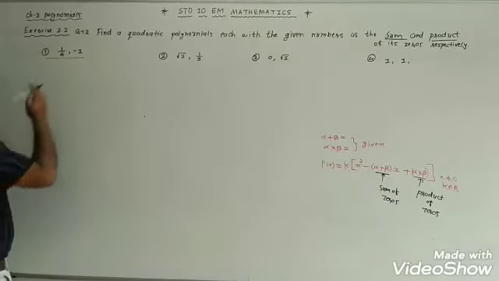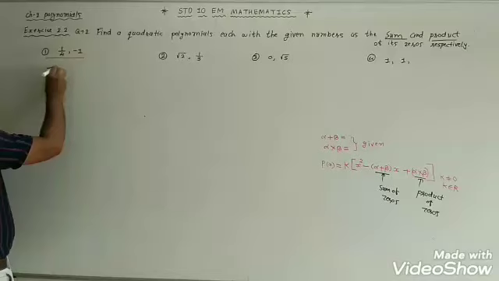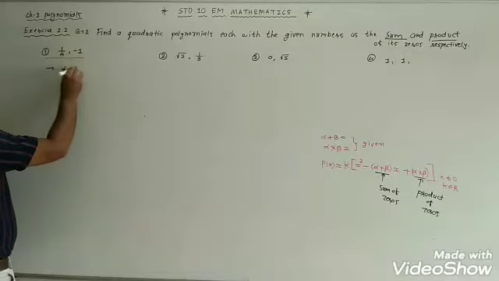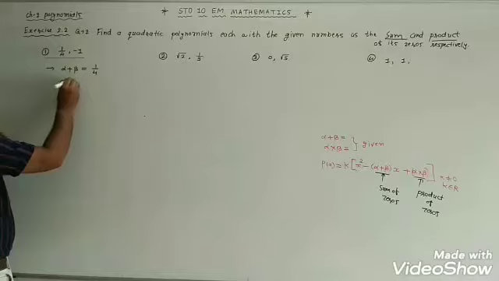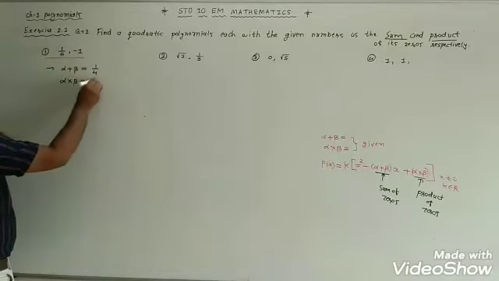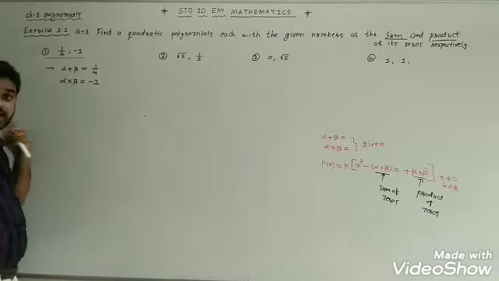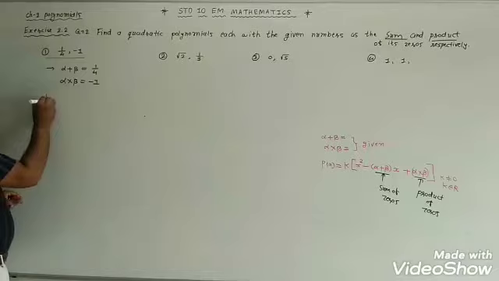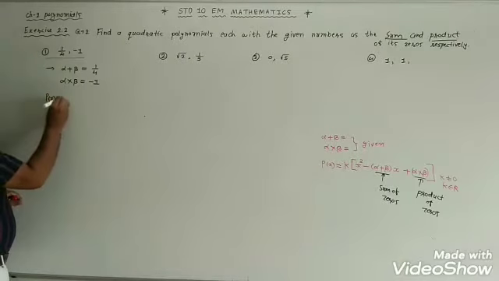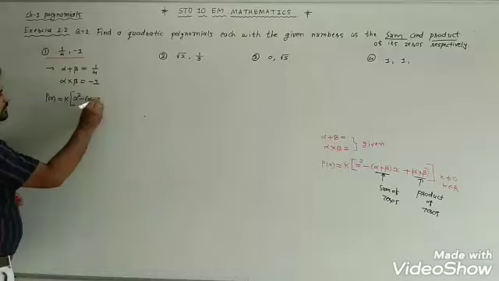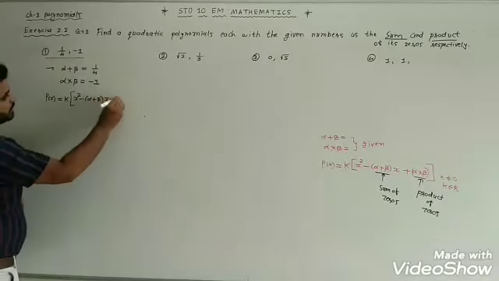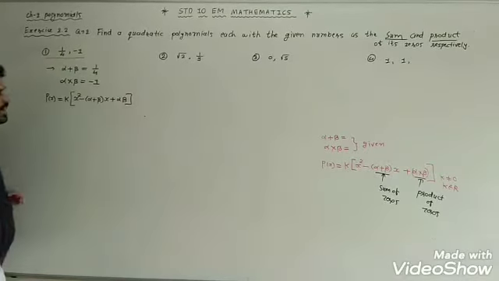As we said, the sum of zeros, alpha plus beta, is given as 1 by 4, and the product of zeros, alpha into beta, is given as minus 1. Then the quadratic polynomial p of x is equal to k into bracket x square minus alpha plus beta into x plus alpha into beta, bracket over.